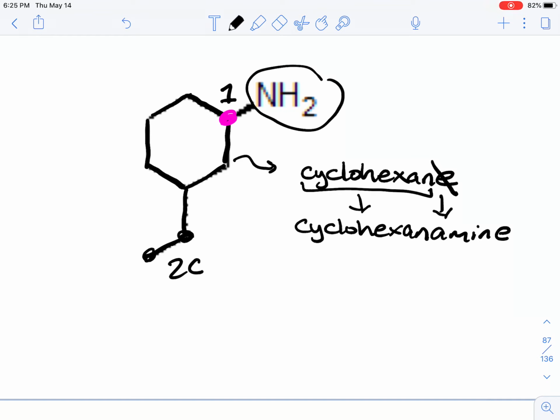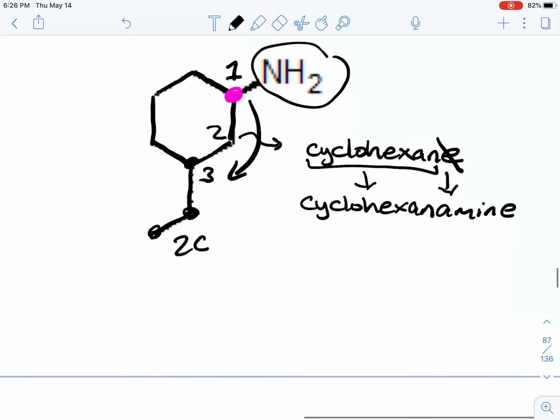So this is going to be 1, 2, 3. And so it makes sense to number our ring clockwise. If we did it counterclockwise, we're going to get a number 5 on where that ethyl is, which is greater than a 3.